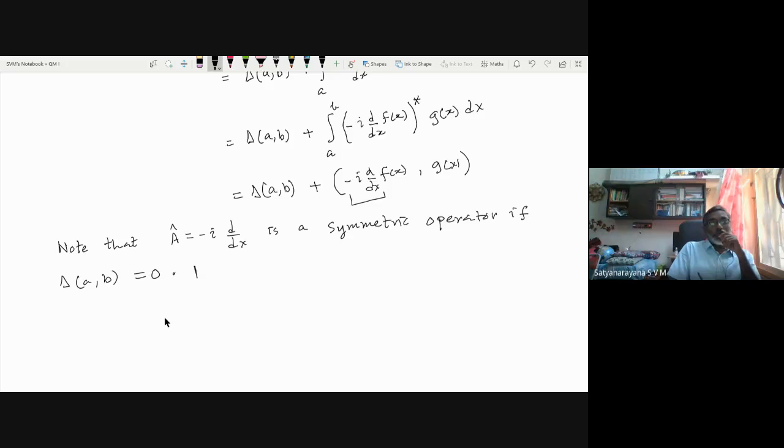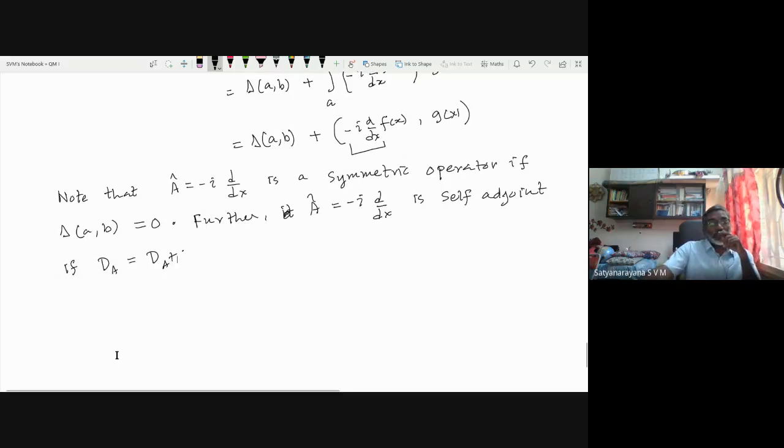Further, A is equal to minus i d by dx is self-adjoint if the domain of A is the same as the domain of A dagger.